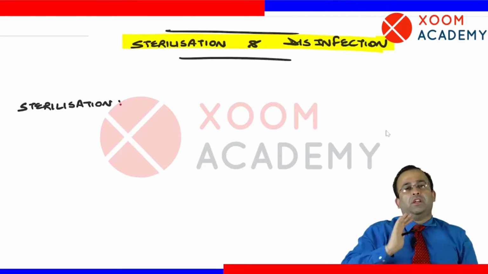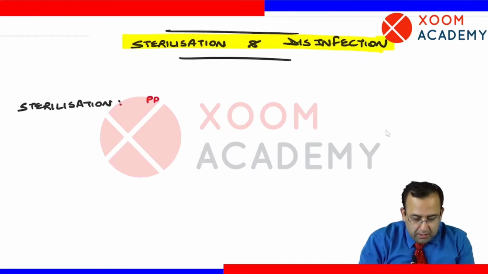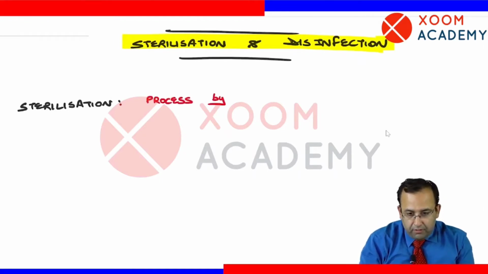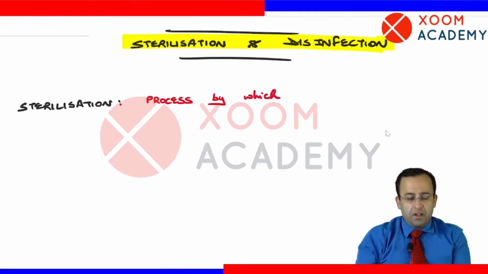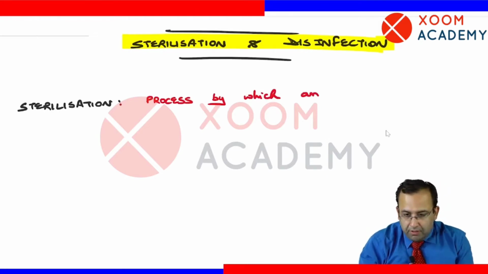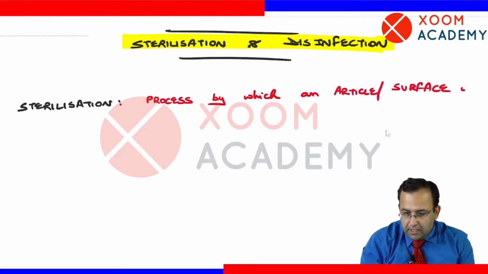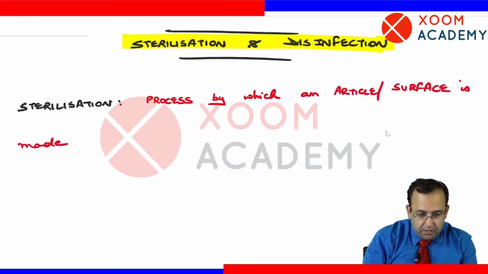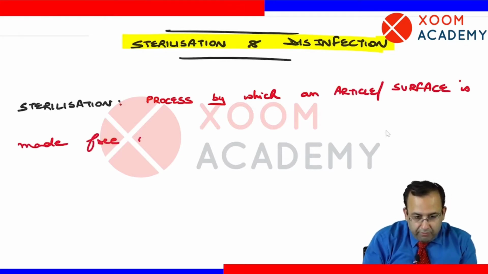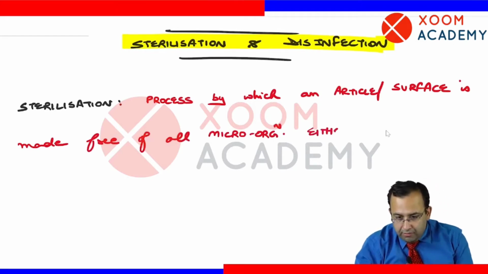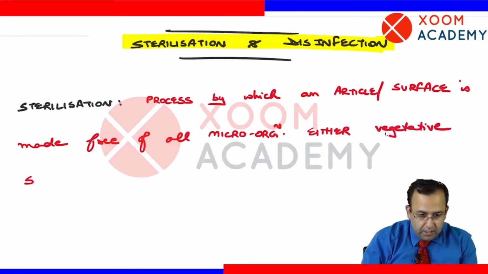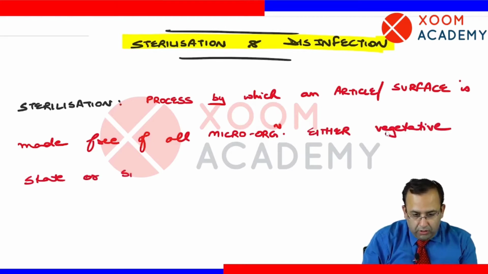वो वाला surface ना sterile हो गया है. Sterilization. This is a process by which an article or surface is made free of all microorganisms, either in the vegetative state or spores.